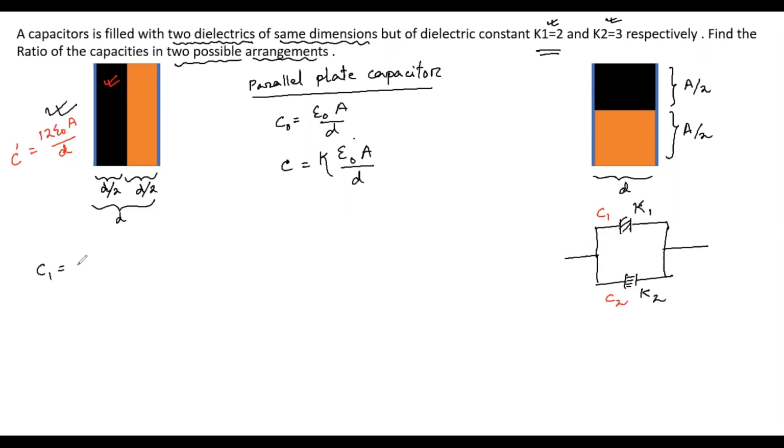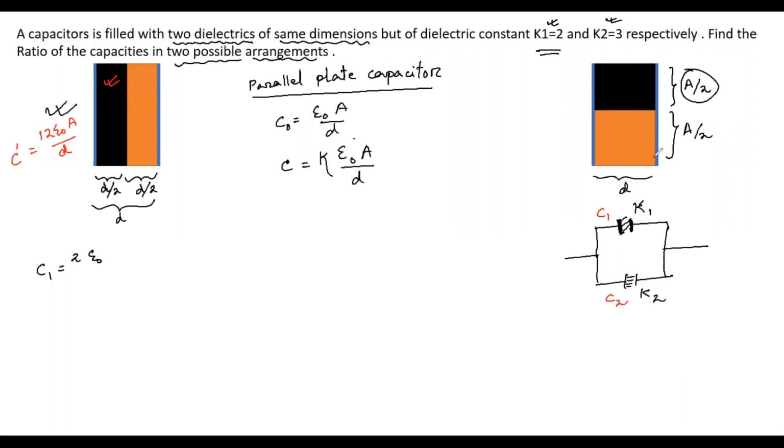So C1, now since it is inserted with this dielectric constant 2, that is K1, it is going to be 2 epsilon naught. Now remember, this dielectric has an area of A by 2. So this metal plate, which you see, will have an area of A by 2.